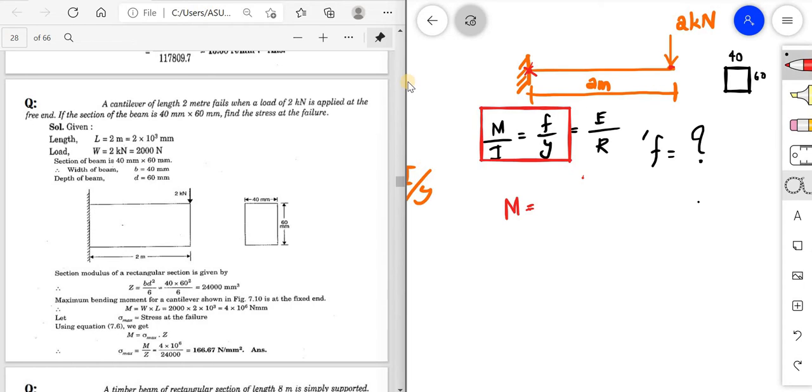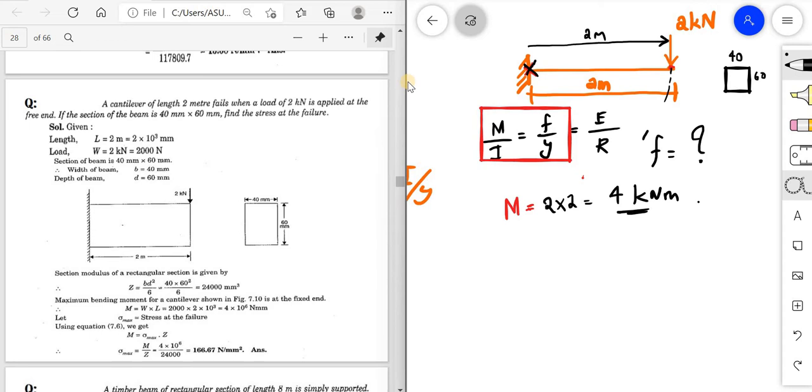How can I find the moment at that point? Moment means force into perpendicular distance. The perpendicular distance is 2 meters. So the moment will be 2 kilonewton into 2, that is 4 kilonewton meter. This is my moment.